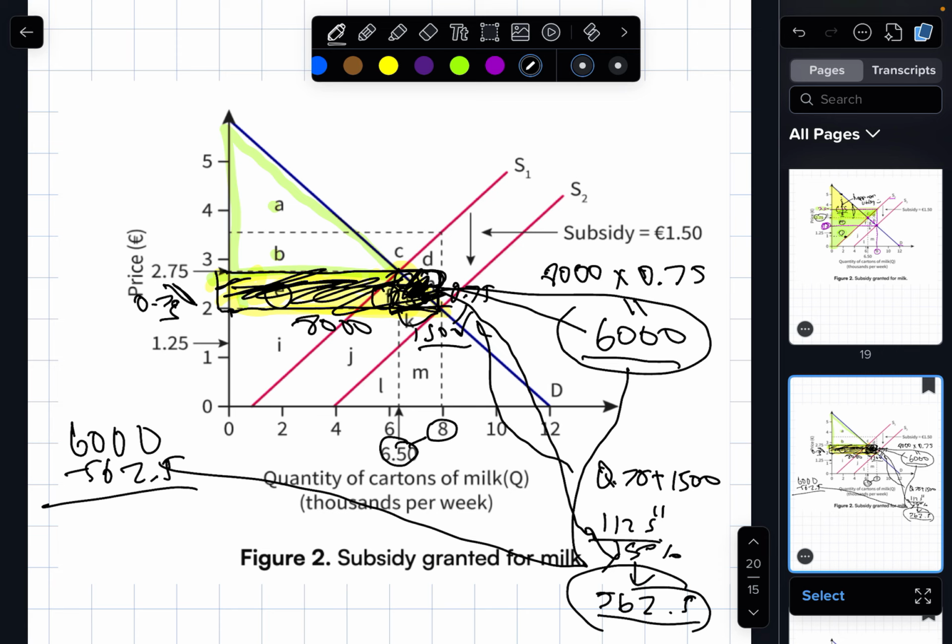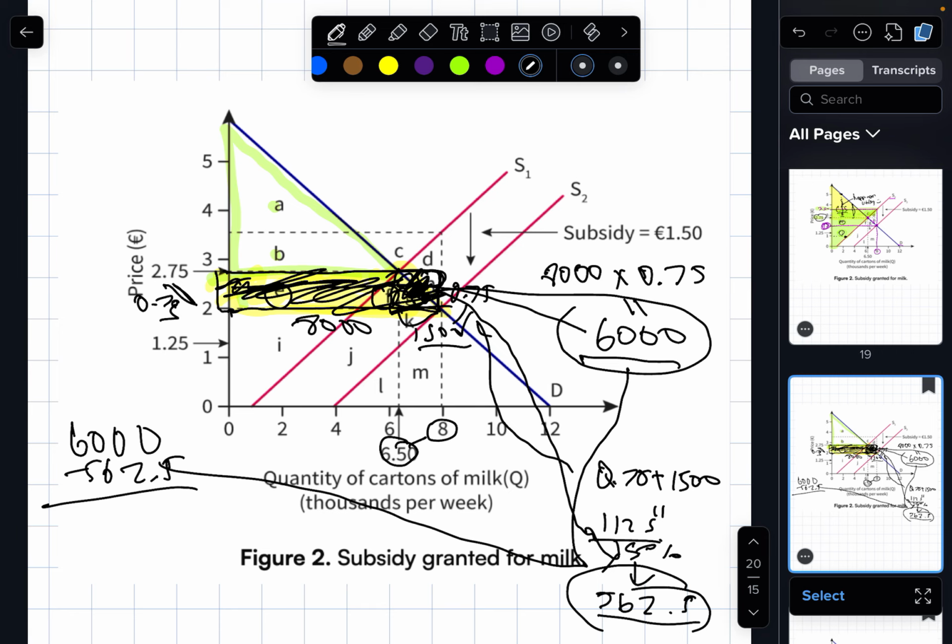Let's see if that's correct here. Just double checking the math here. The big rectangle is 0.75 times 8,000.